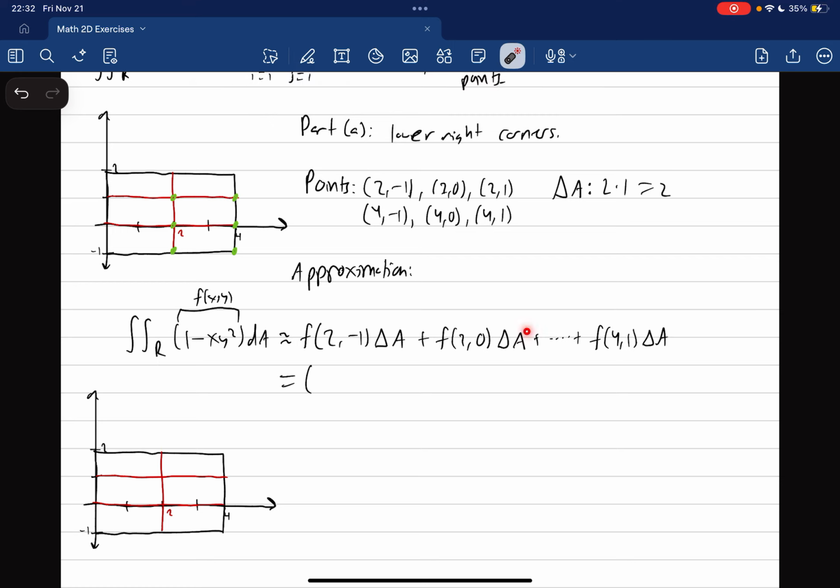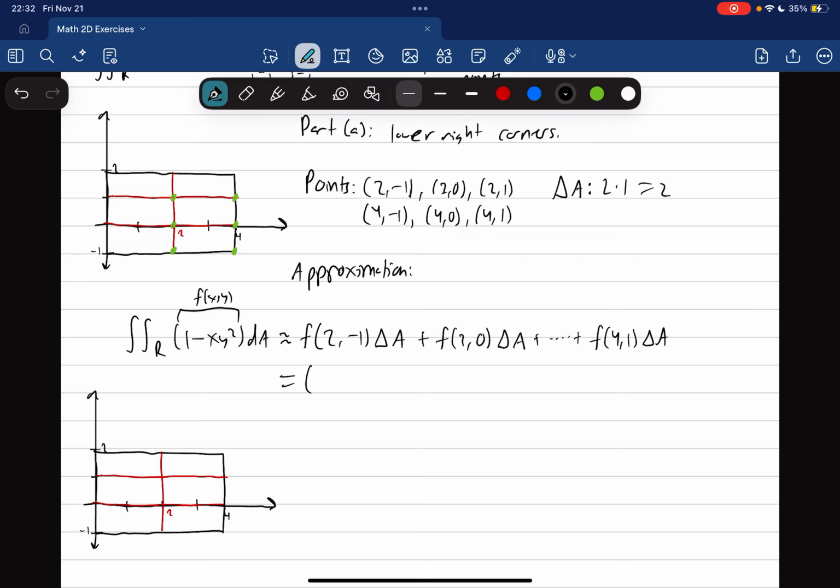Because the delta A's are all the same, we can factor this out, and this becomes f of 2, -1, plus f of 2, 0, plus f of 2, 1, plus f of 4, -1, plus f of 4, 0, plus f of 4, 1, times our delta A, which, if you'll remember, was 2.